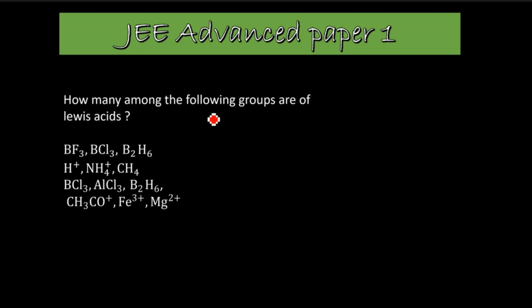How many of the following groups are Lewis acids? So let's check. Lewis acids are the ones which have a vacant orbital to accommodate the incoming electrons. As we all know, BF3 has a vacant orbital, BCl3 also. What about B2H6? It is a form of BH3, right? That will also have a vacant orbital. So A goes fine. What about option B?